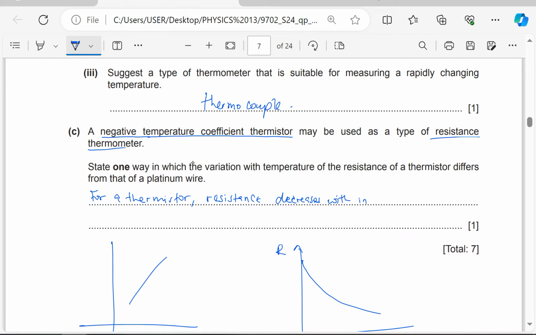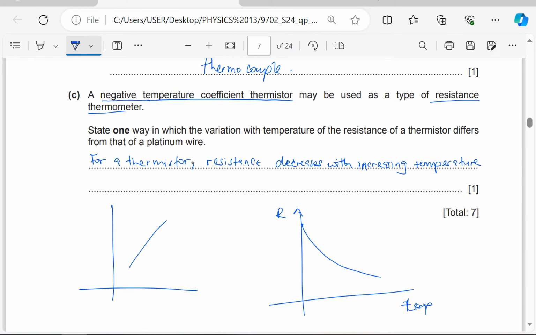That's number one. For a thermistor, resistance decreases with increasing temperature. But the variation is going to be inverse. So the variation is inverse, and of course, it's going to be nonlinear.